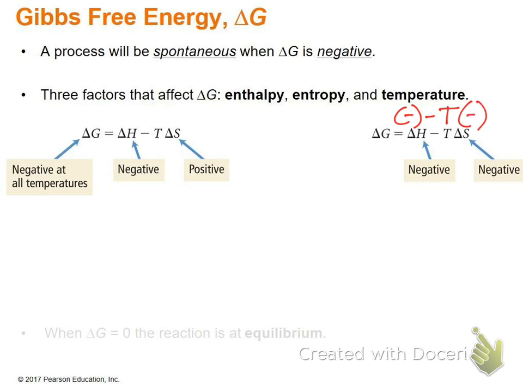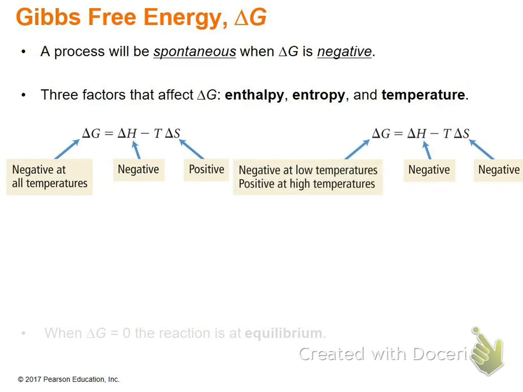If this value right here is a large number, then delta G is going to be positive. But if we have a small T value, then it's going to be negative. So it's negative at low temperatures, but positive at high temperatures.